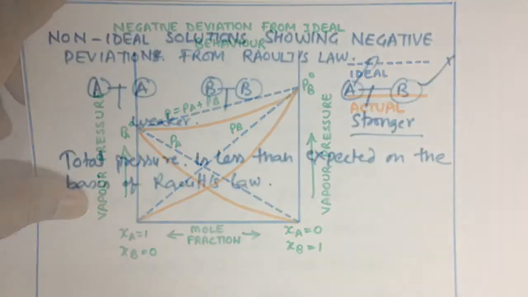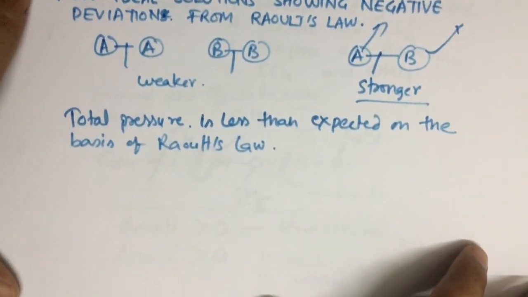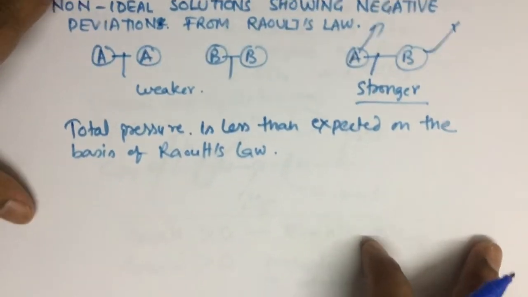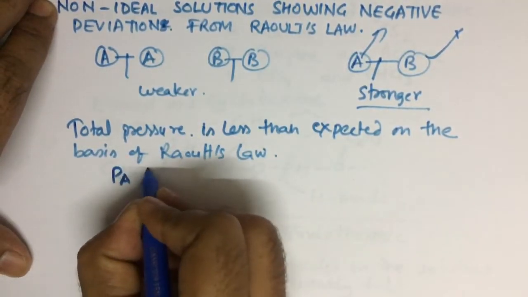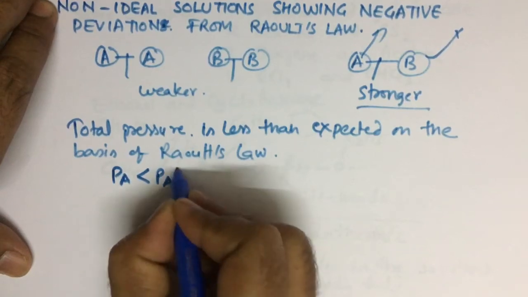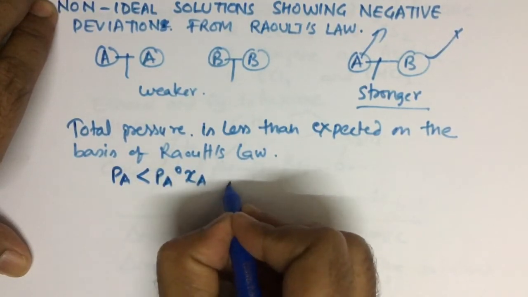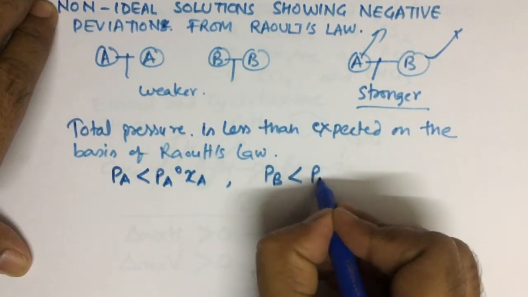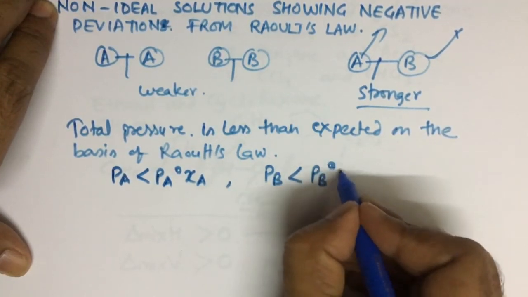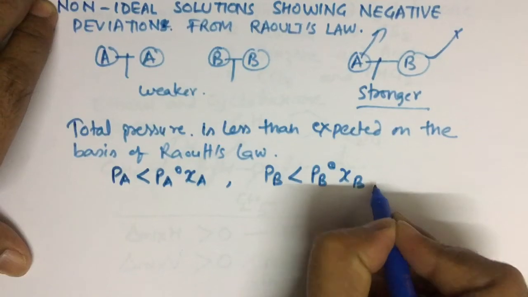Now for such solutions showing negative deviation from ideal behavior, PA is less than PA naught XA and PB is less than PB naught XB.